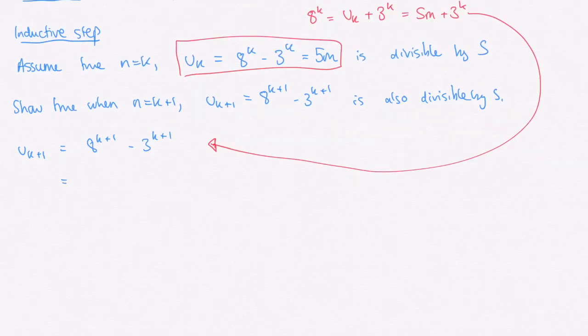So notice that 8 to the k plus 1 is just 8 lots of 8 to the k, subtract 3 to the k plus 1. But we've got an expression for 8 to the k from our inductive hypothesis. So this is 8 lots of uk plus 3 to the k, subtract 3 to the k plus 1.